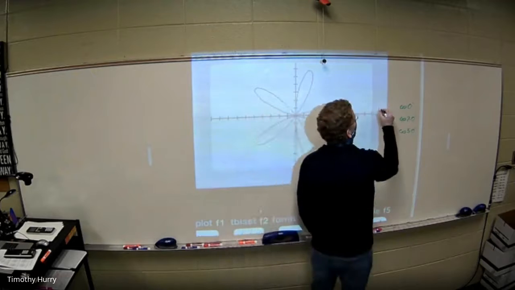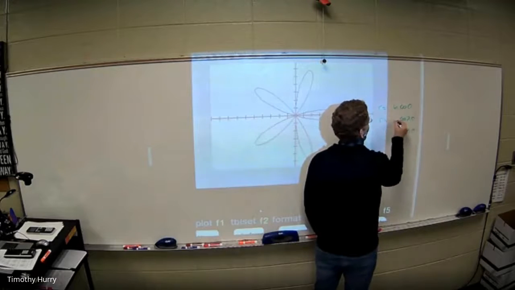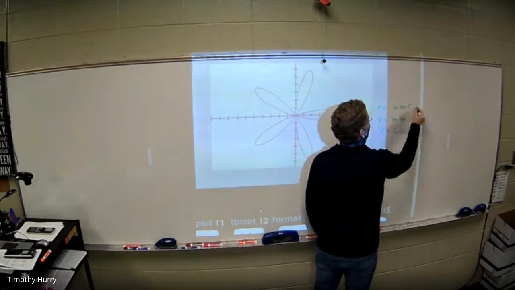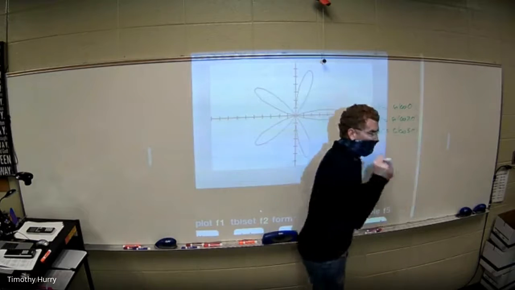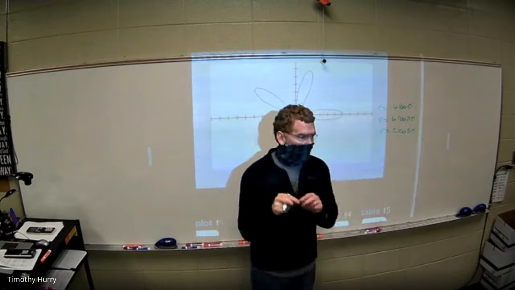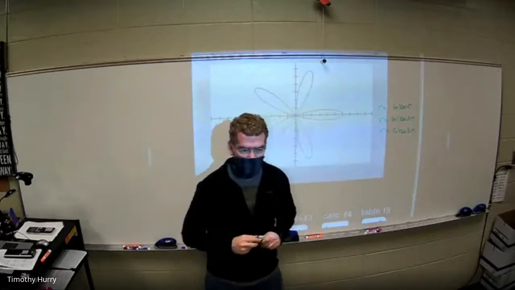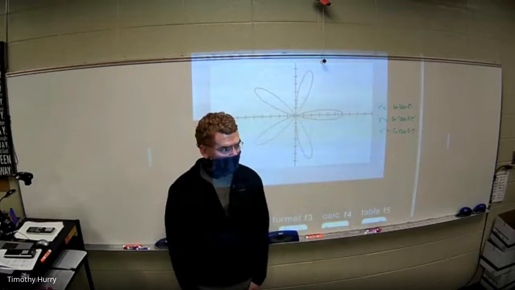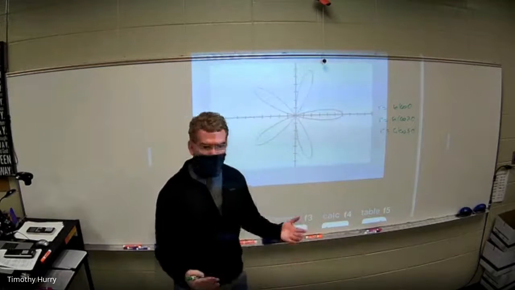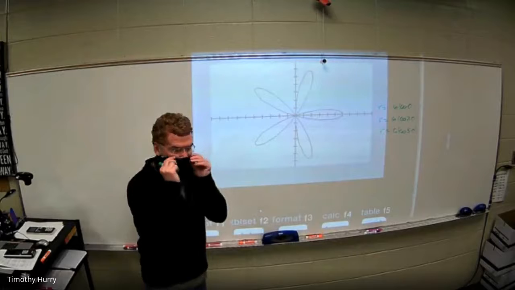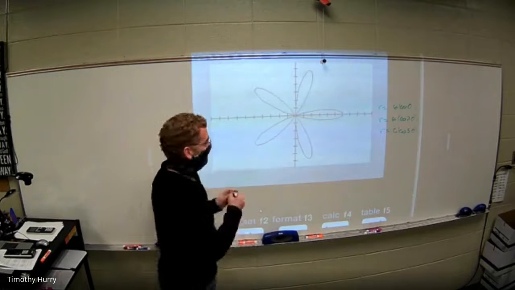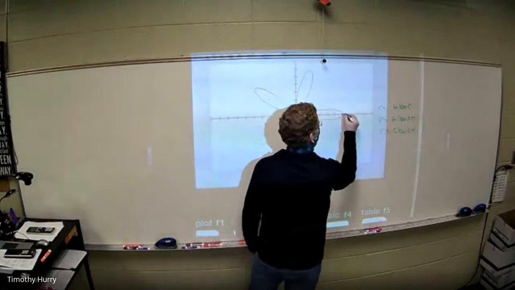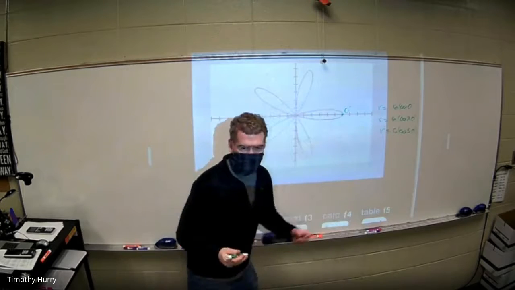So if I end up having r equals 6 or whatever on all of these, if this is always equal to 1, then I'm always going to have 6 units out pointing at 0 degrees. Are y'all seeing that? Well, that means if it's a cosine rose curve, you can always start by marking a petal at 0 degrees or 0 radians, depending on how you're thinking about it.